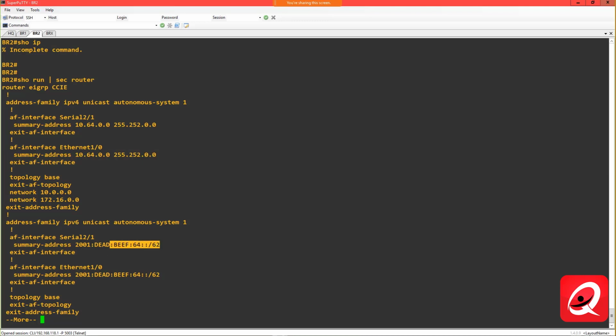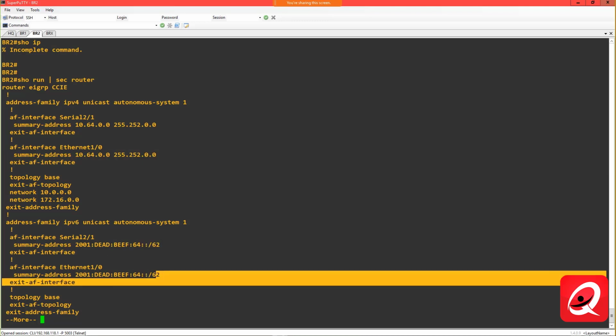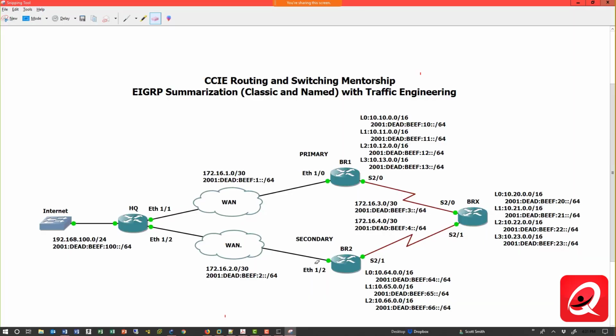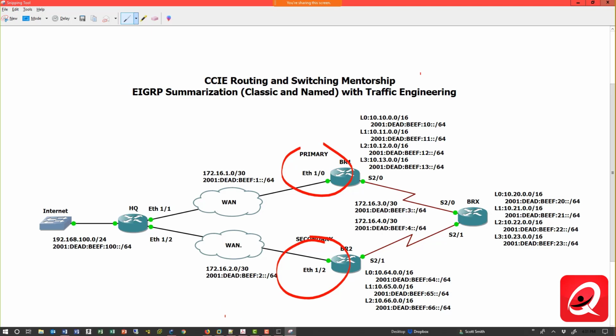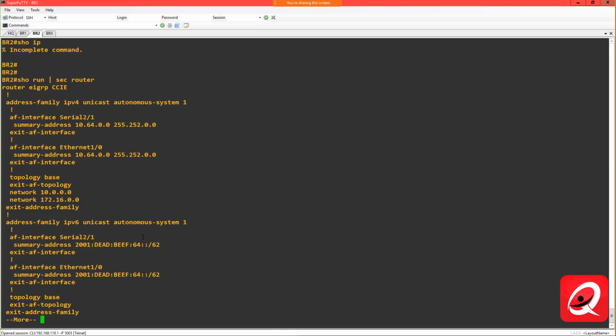And there's the 64/62. And I did the right interface. There we go. I did not do the right interface. I was looking at that interface up there, not the bottom one. Thanks for the catch, guys. These guys are slipping.